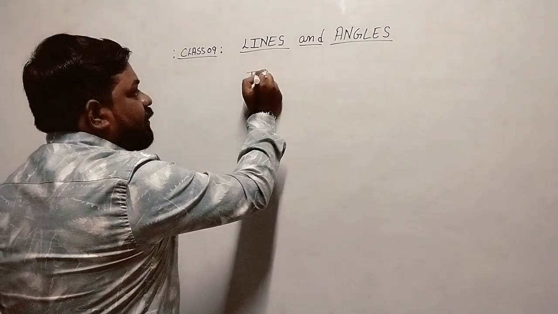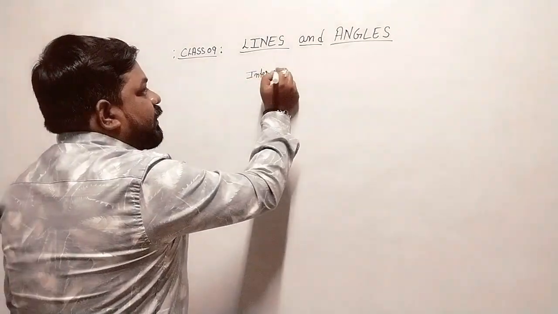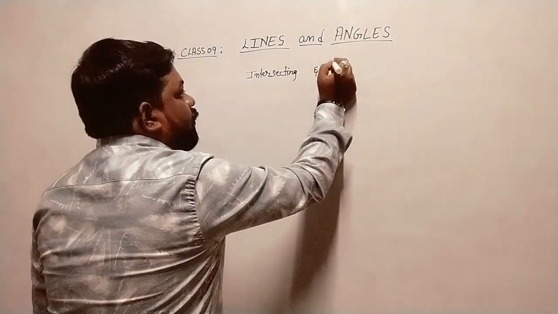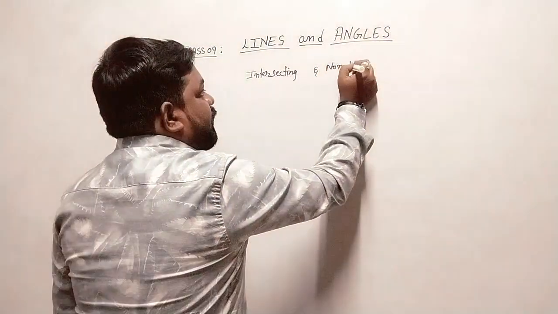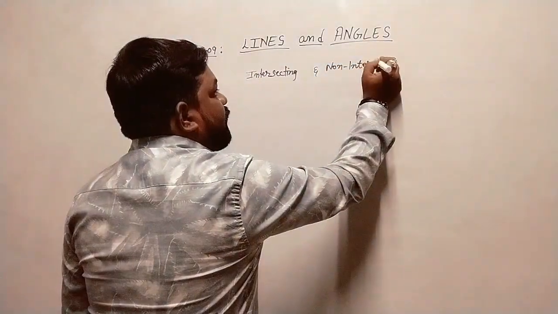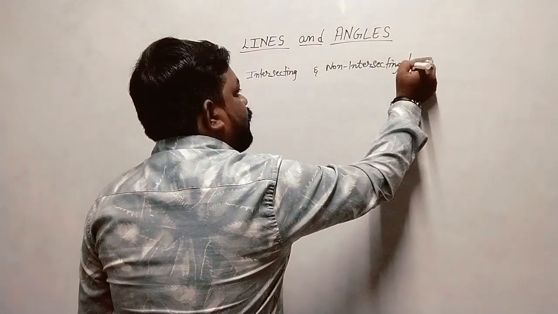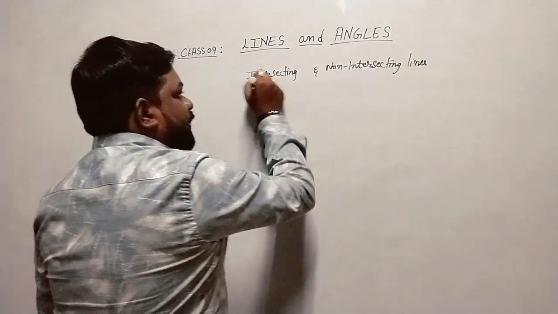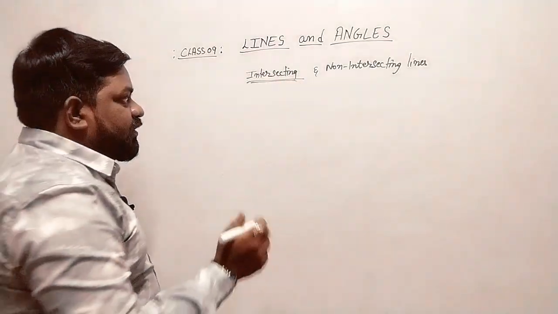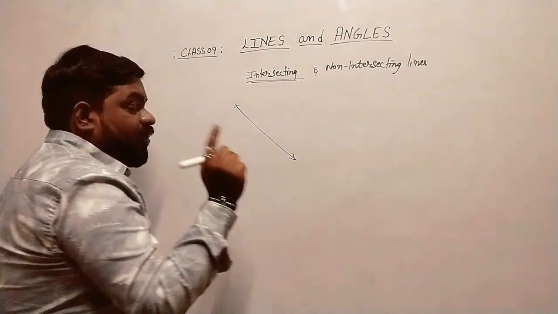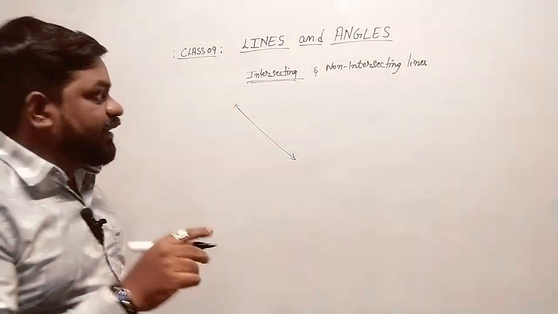Next we see intersecting and non-intersecting lines. What do you mean by intersecting lines? I will consider two lines, not line segments, two lines.